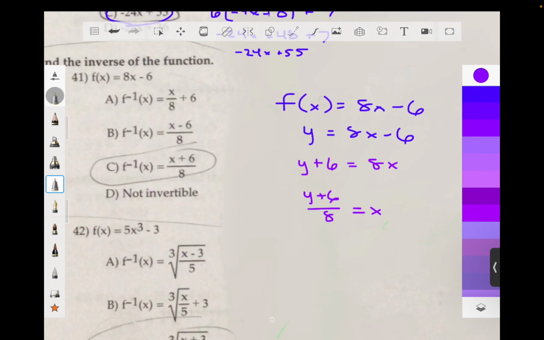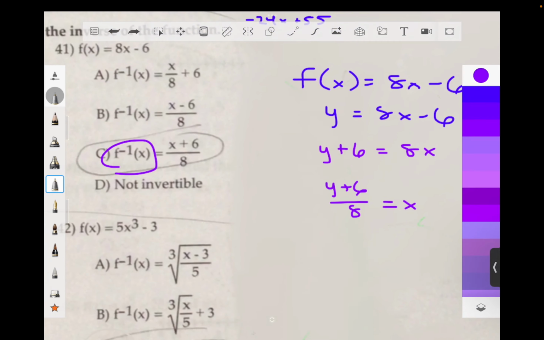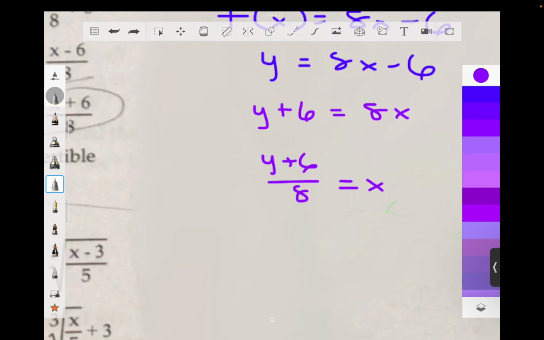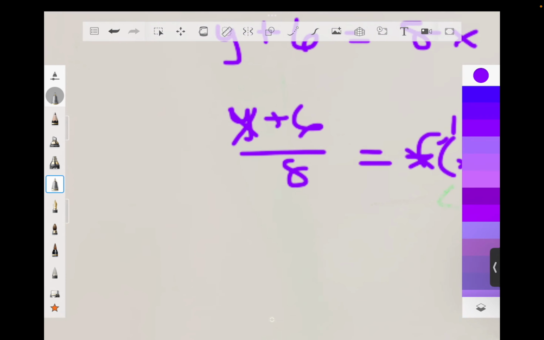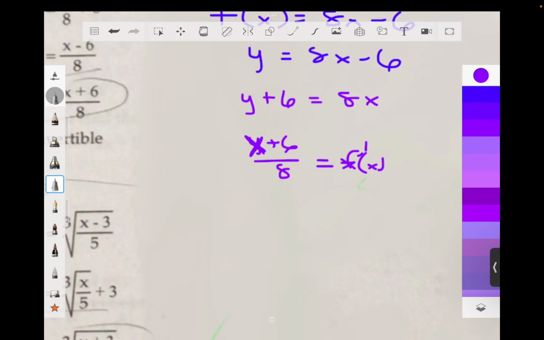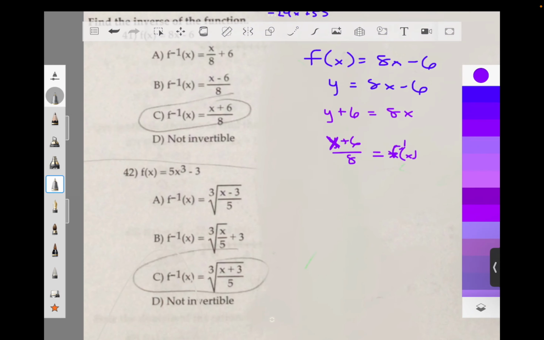And then you look over here and there's an x on this one, and there's a y here, and this says f inverse of x. This next trick is just change this y to the x and change this to inverse of f of x. That's all you're doing. And that's the answer. There you go.